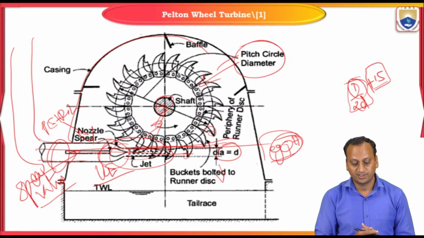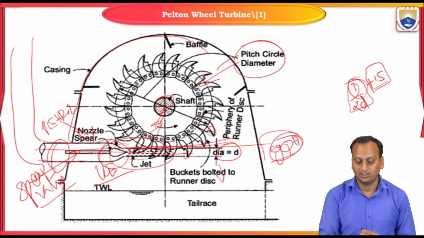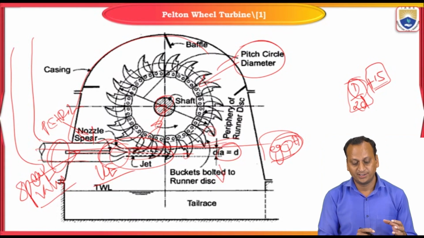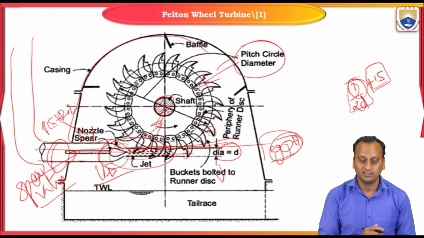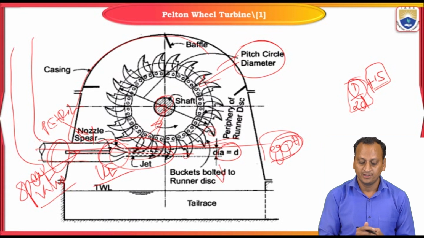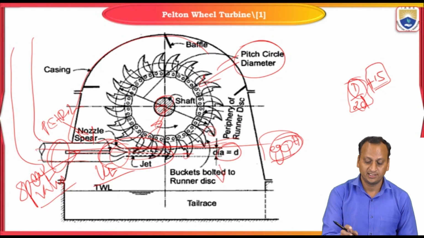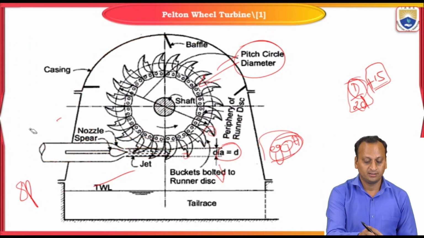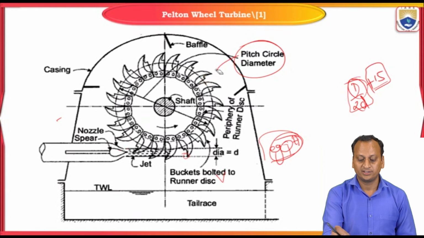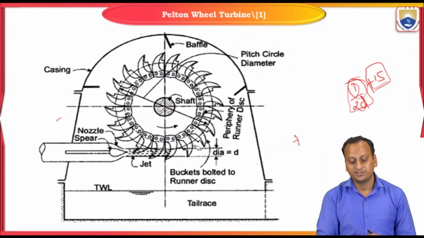So this is the purpose of the scroll casing, and how it works: as it is an impulse turbine, it is converting the entire energy into only kinetic energy. You can install not only a single jet, it can be installed with many multi jets also.